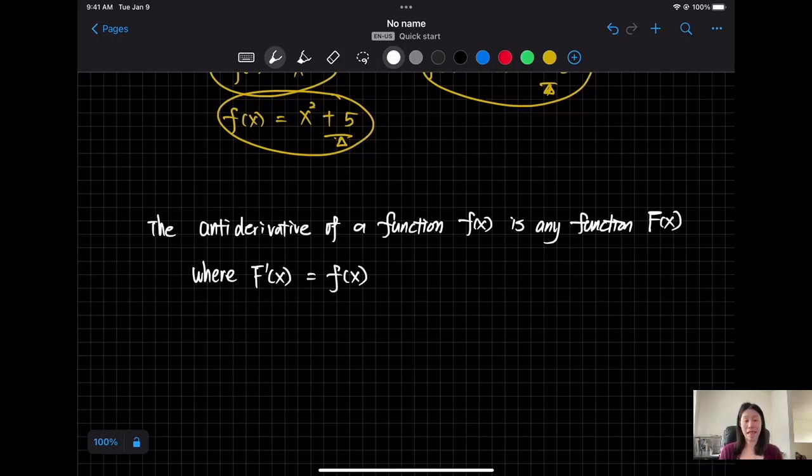So this is the antiderivative function. The antiderivative of the lowercase f is the whole family of functions.